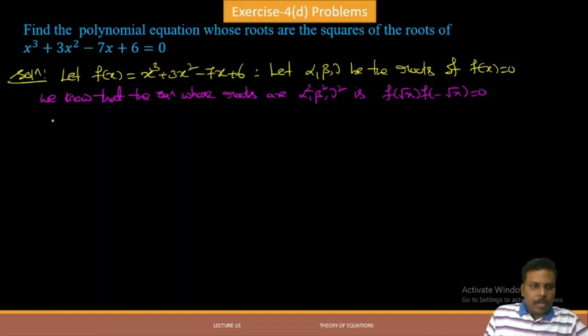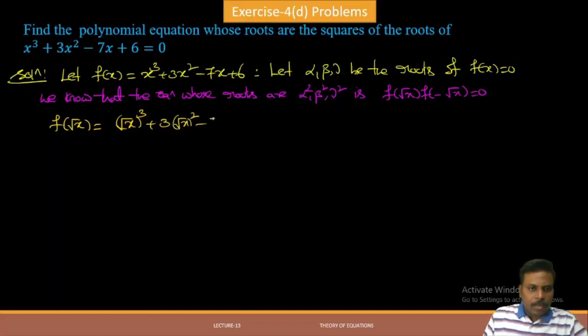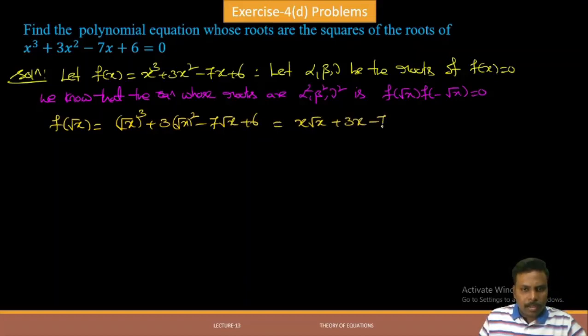Let me compute f of root x. f of root x is root x whole cube plus 3 into root x whole square minus 7 into root x plus 6. So that is equal to x into root x plus 3x minus 7 root x plus 6.